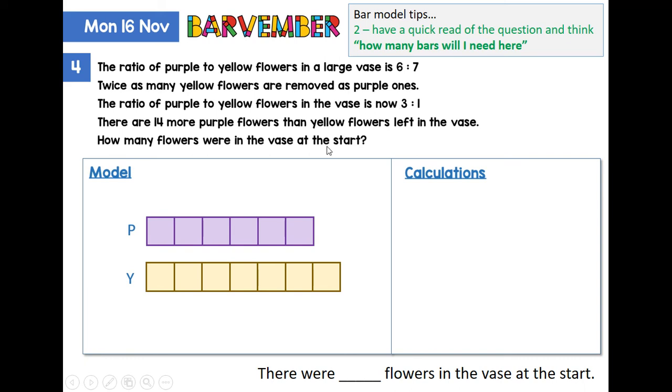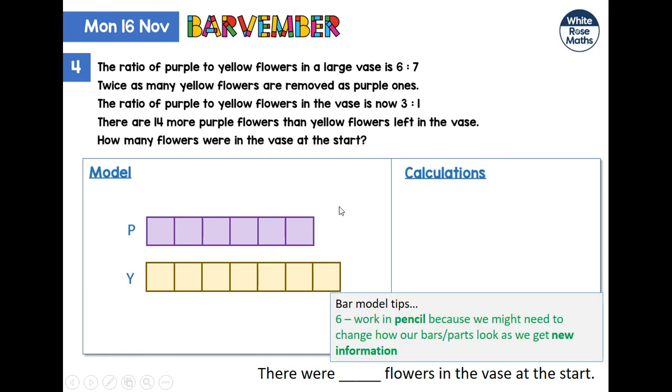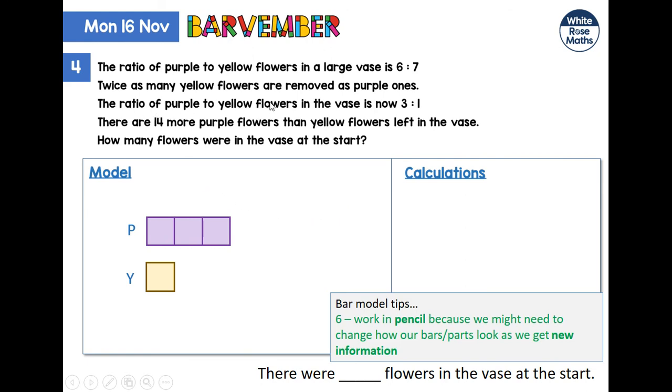Okay, so I'm expecting a new ratio once I've taken some away. So it looks as if I've got to do some sort of trial and error as to how many are removed. And what I actually see is that if I take away 3 purple ones, twice as many, 6 yellow ones, I end up with a ratio of purple to yellow flowers.